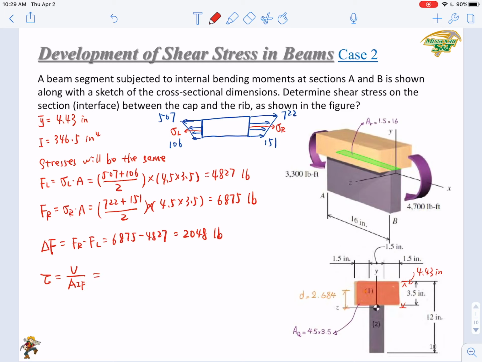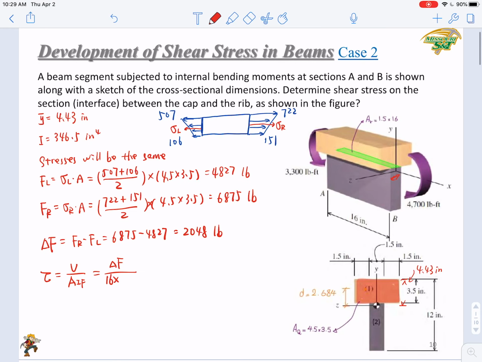So V will be delta F. The area in this case will be 16 by 1.5, where the dimension here is 1.5 as denoted below.